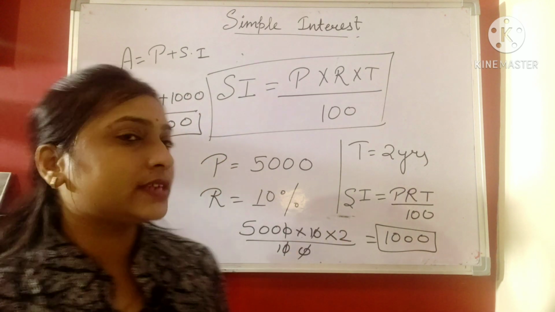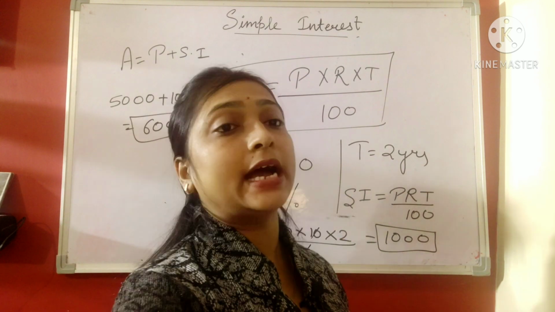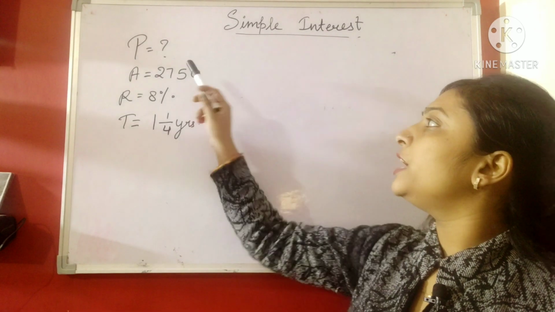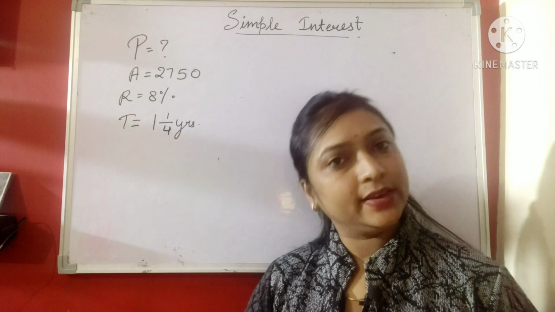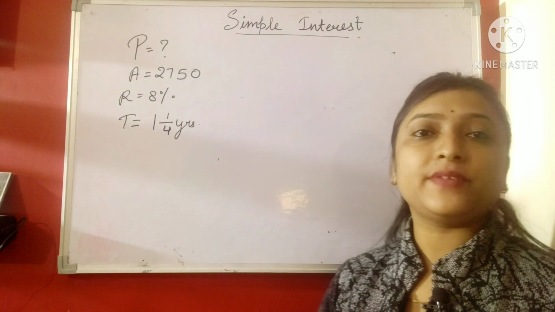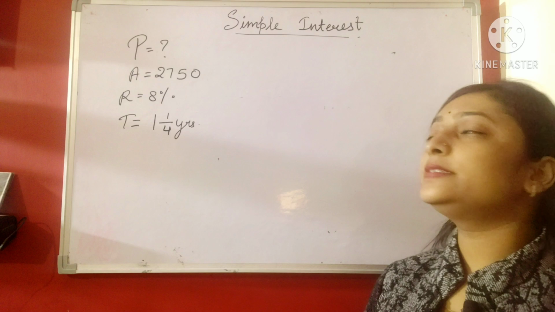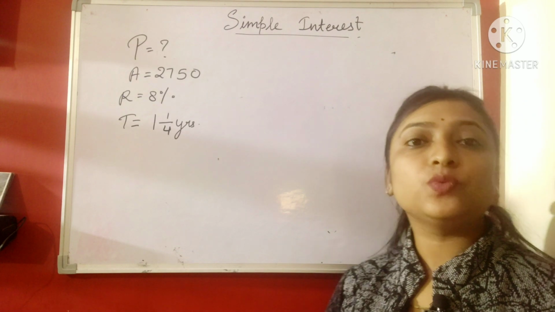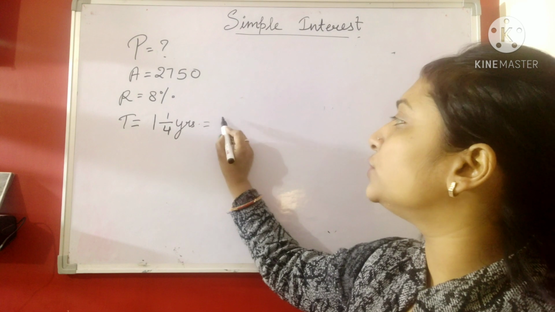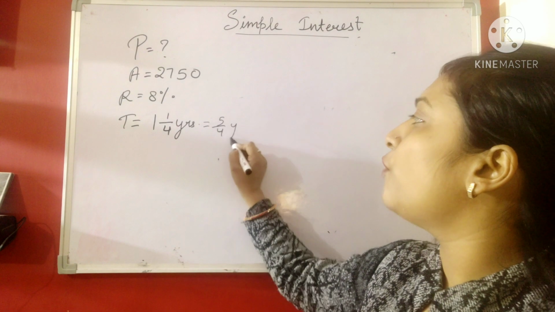Now let's understand the next type of question that can come in simple interest. In this question, we have to find out the sum of money invested, that is principal, which amounts to 2750. Rate is 8% and time is 1 whole 1 by 4 years. When we convert this mixed fraction, we get 5 by 4 years.